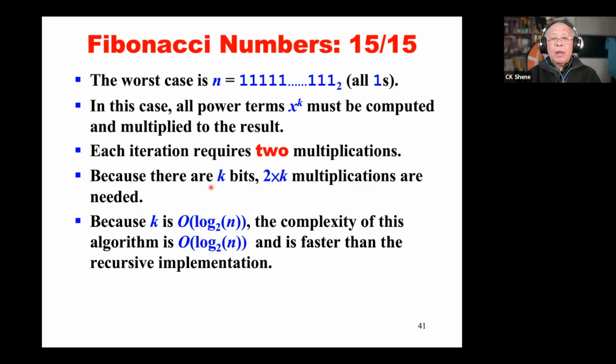Because there are k bits in n, the total number of multiplications is 2 times k. Now, because k is of order log 2 n, hope you understand this. So this algorithm is order log n. It's much faster than the recursive implementation.